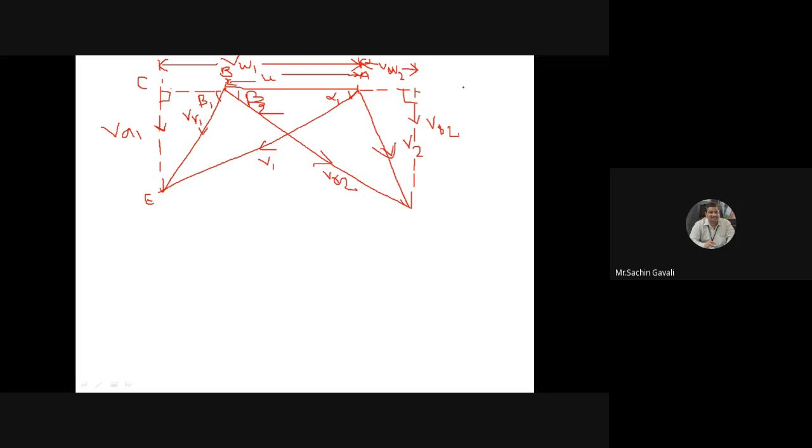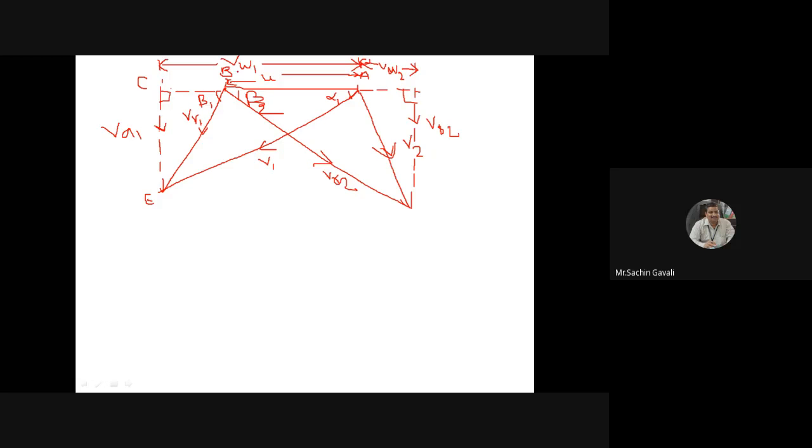So this VW2 is going in the opposite direction. Now if you see here, VW2 is in the positive x direction, from left to right, and V1 is from right to left.